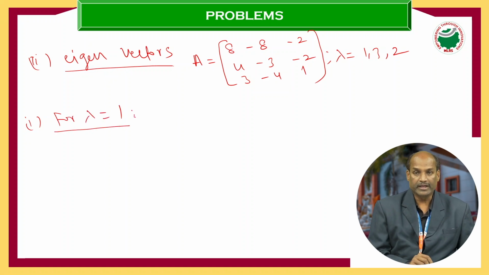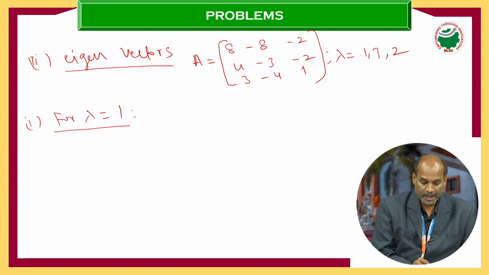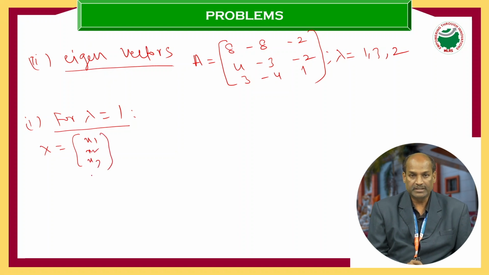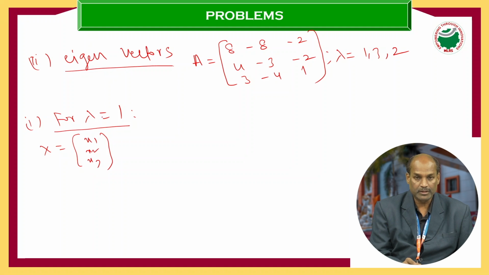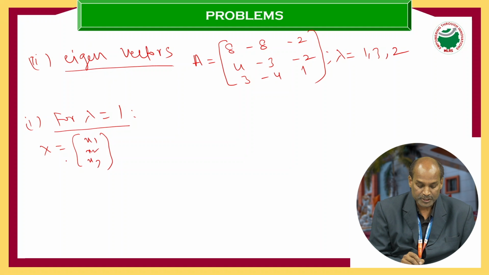Let x equal to x1, x2, x3 be the eigenvector of A corresponding to lambda equal to 1. If this is an eigenvector, then it should satisfy one condition. What is that condition?